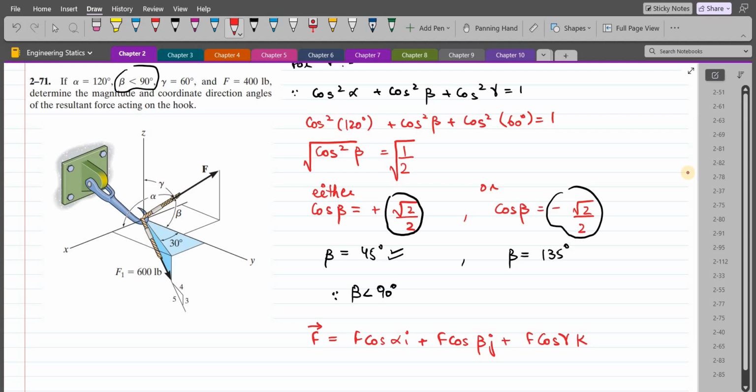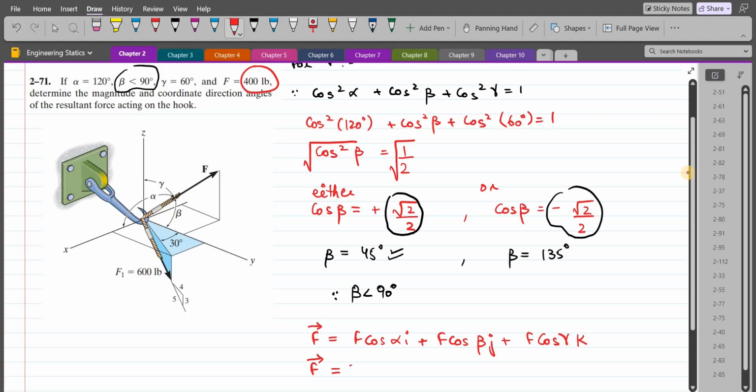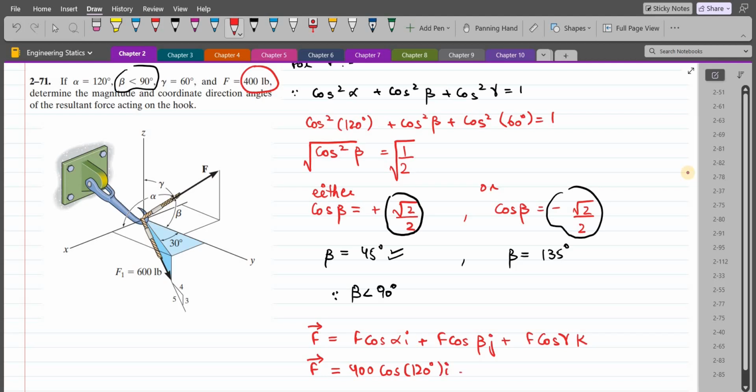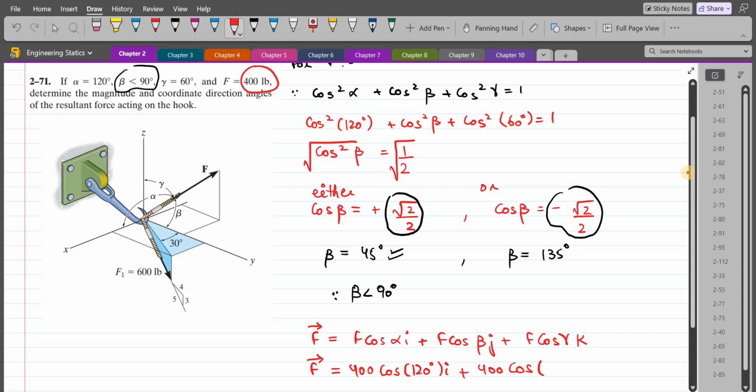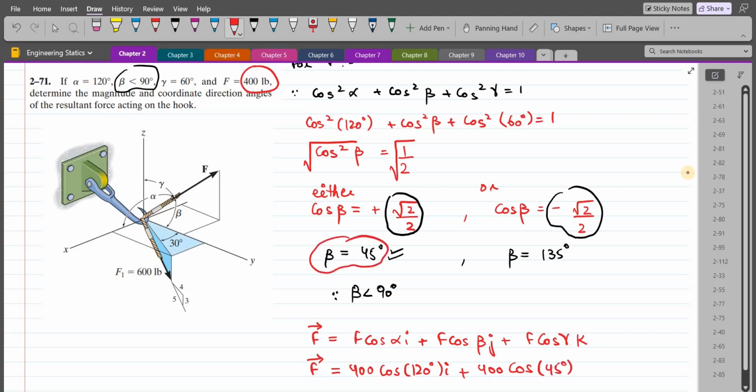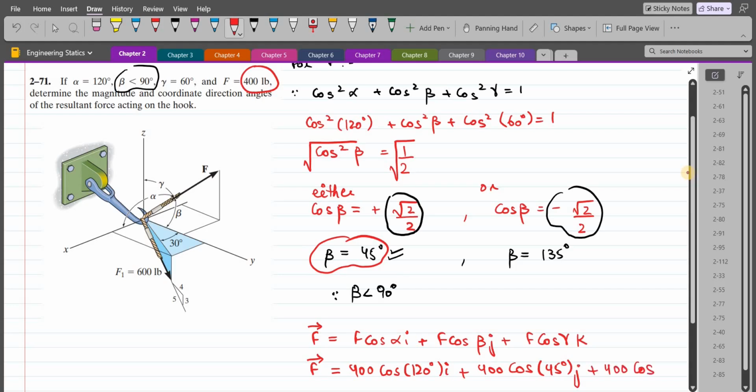If we substitute the known values, F is 400 lbs, so 400 into cos alpha, where alpha is 120 degrees, i, plus 400 into cos beta, where beta is 45 degrees, less than 90 degrees, j, plus 400 into cos gamma, where gamma is 60 degrees.